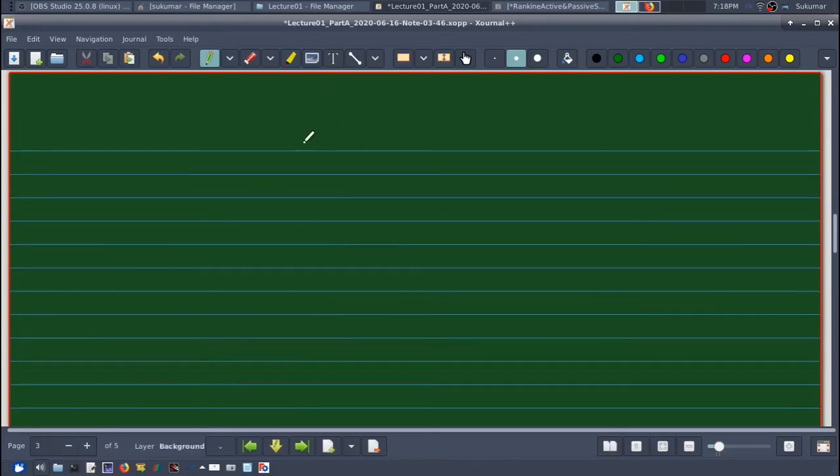So next we'll be discussing the earth pressure for active condition. Our next topic is the active earth pressure coefficient.